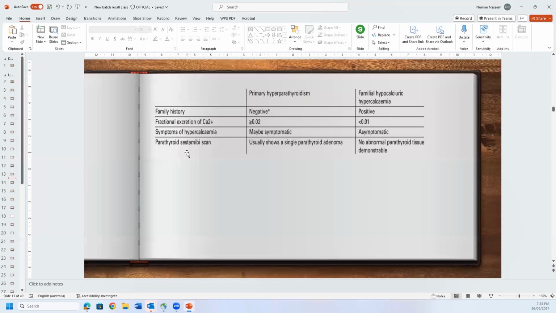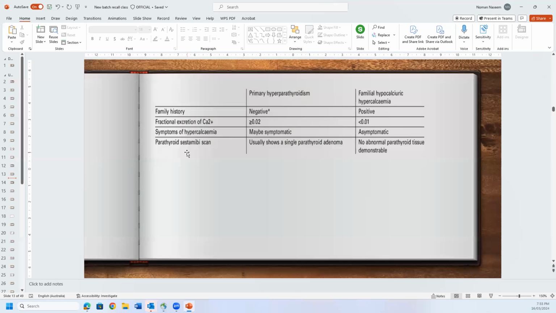As the name indicates, it's a familial condition, meaning it passes in the family. The excretion of calcium is low in the urine, whereas in primary hyperparathyroidism, it's high. Symptoms of hypercalcemia are more in hyperparathyroidism than in familial hypocalciuric hypercalcemia.